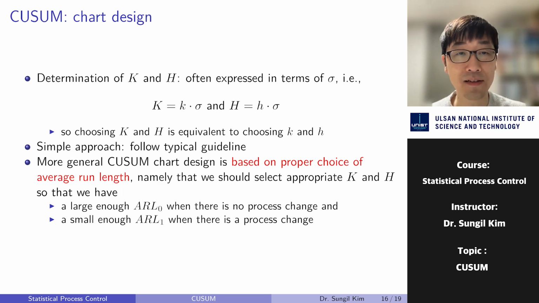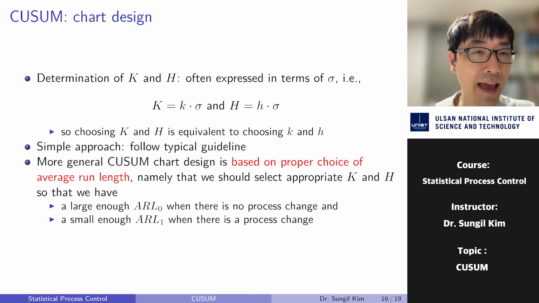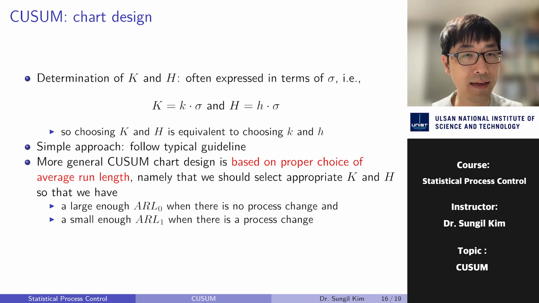In the QSUM chart, K and H play an important role. Note that in some textbooks, K and H are expressed by the capital K and H with sigma. Regarding determination of K and H, I introduced a simple approach in the previous slide.